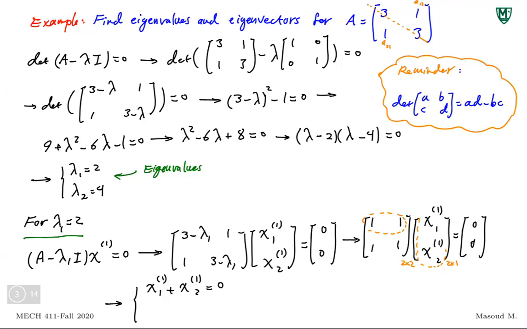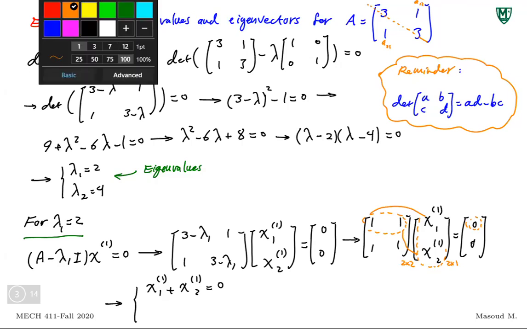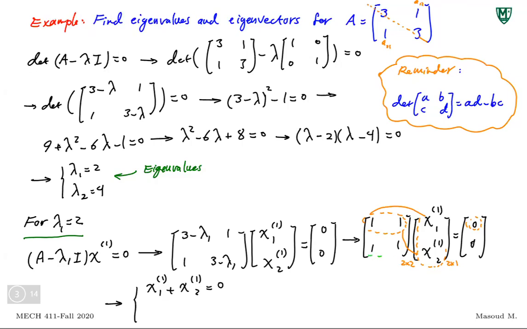So 1 times this one and 1 times this one is equal to the first element on the right side. For the second one, the second row multiplied by this one and this one is equal to this element. So that will give me x1,1 plus x1,2 is equal to 0.